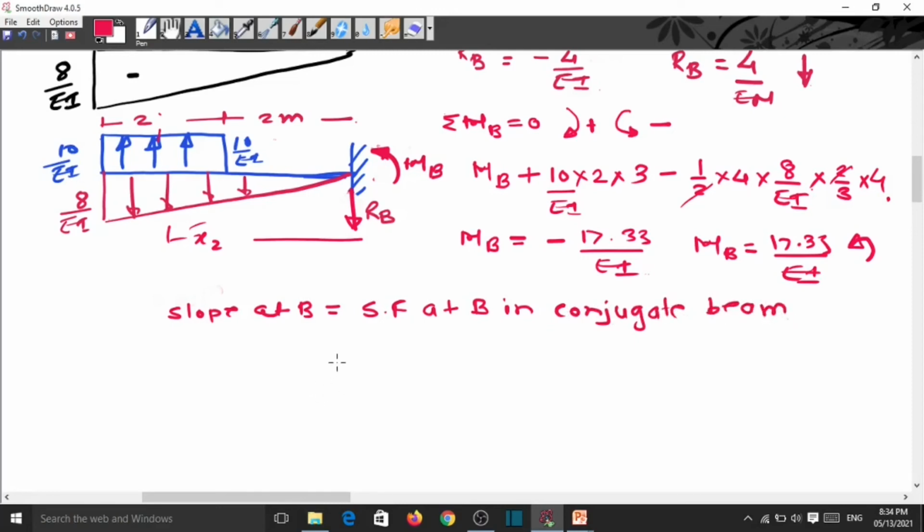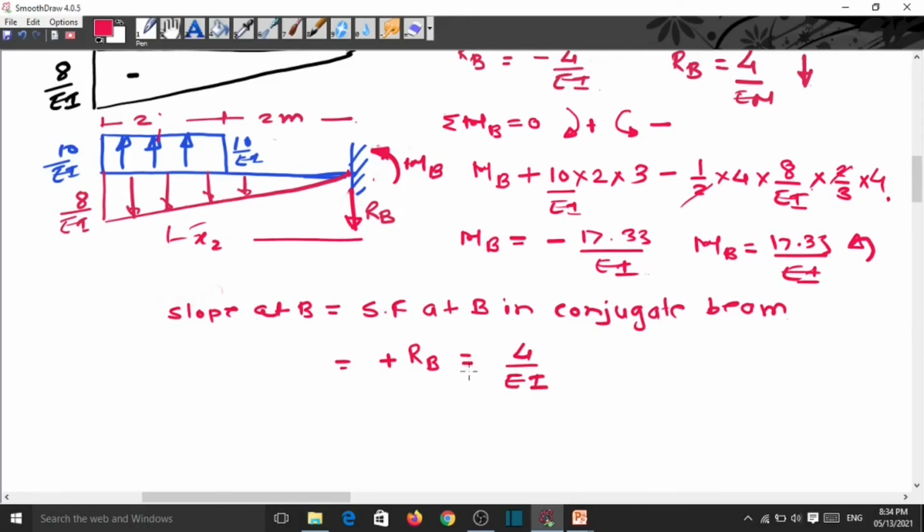Now this is the shear force. If you take the shear force from the right side, the shear force is positive. So we can say it is plus RB, that is equal to 4 by EI.